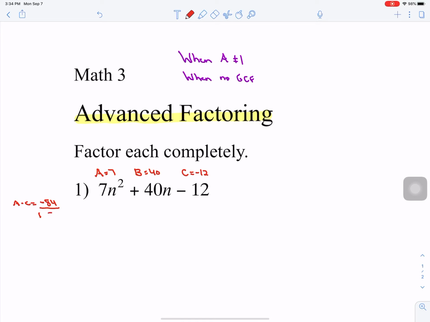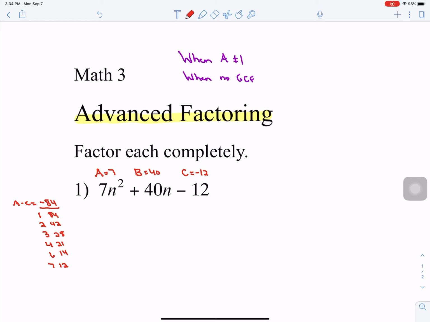1 times 84, 2 times 42, 3 times 28, 4 times 21, 6 times 14, and 7 times 12.